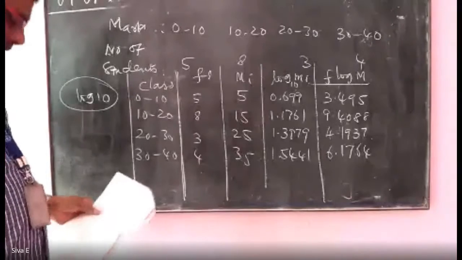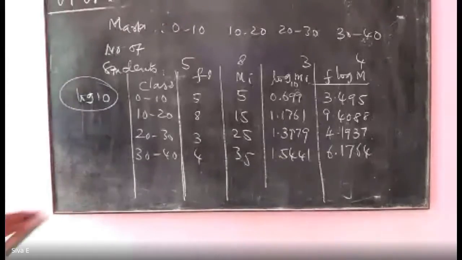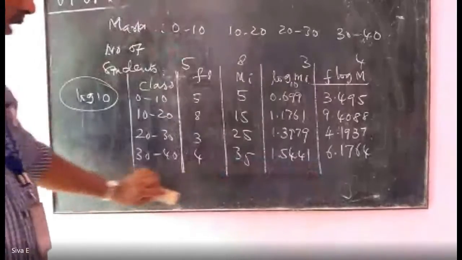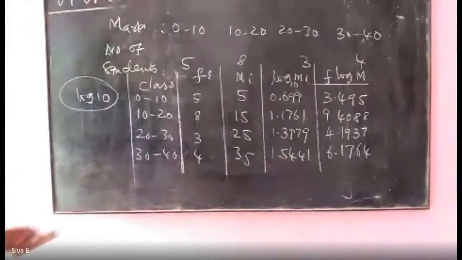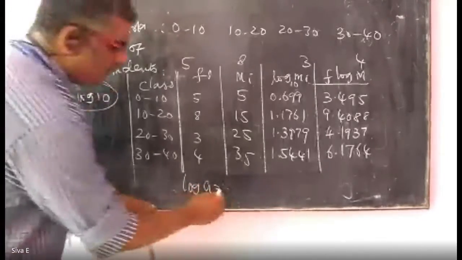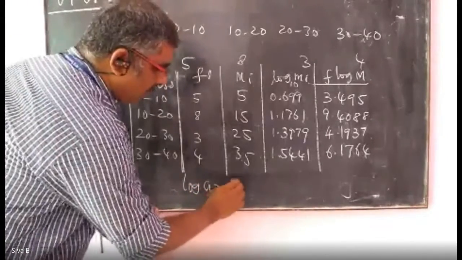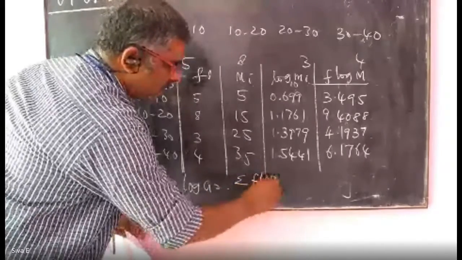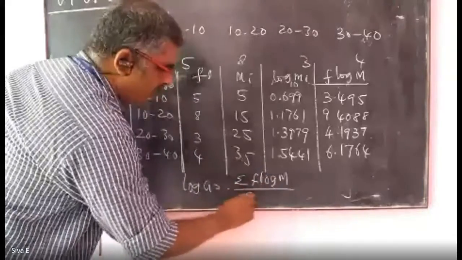Then we calculate the summation. First, we have to calculate log G. Log G equal to summation of f log M by summation of f.